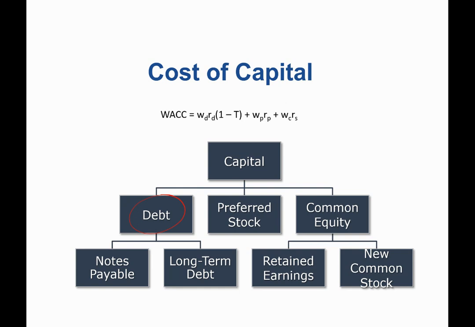And we can look at this further. By debt, we're looking at notes payable and long-term debt. We don't look at the short-term sources like accounts payable. Our focus is more on notes payable and long-term debt.